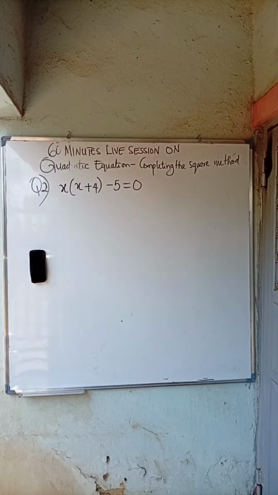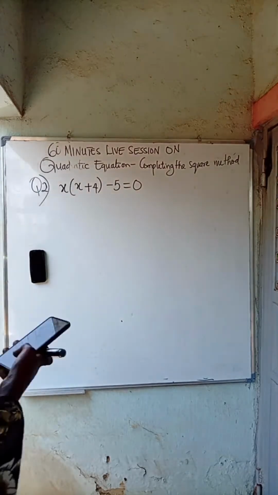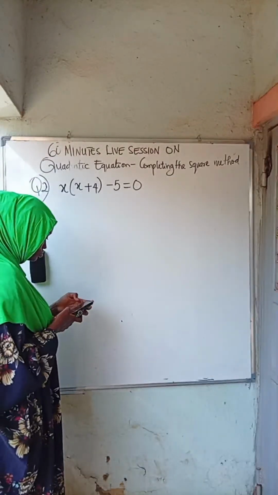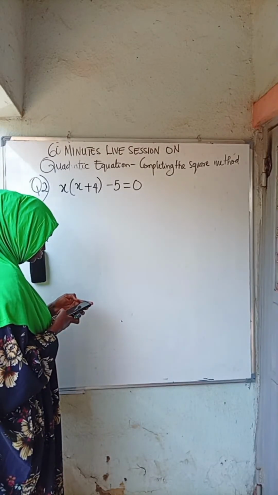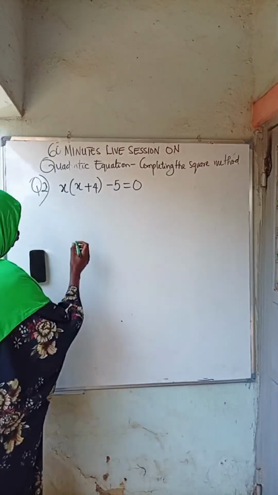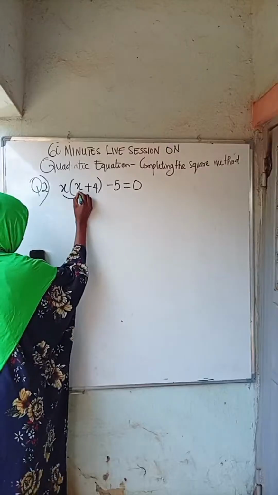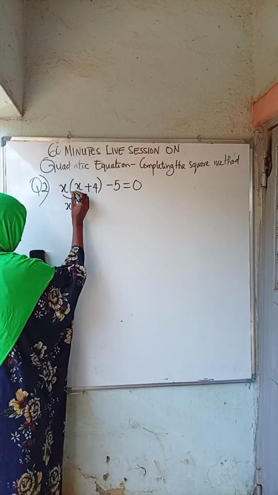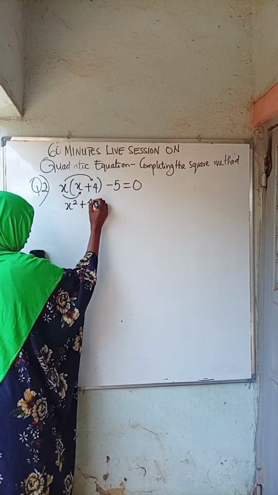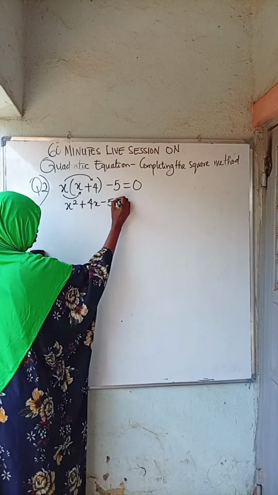So we have x open bracket x plus 4 minus 5 is equal to 0. The first thing we need to do for a question of this nature is to expand the bracket. x times x gives x squared, x times 4 gives plus 4x, minus 5 equal to 0.